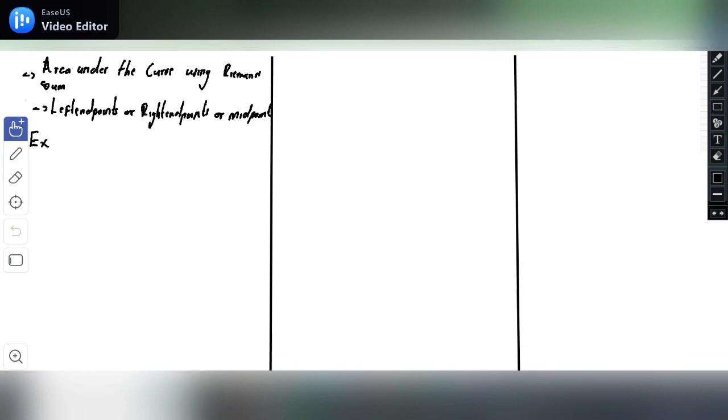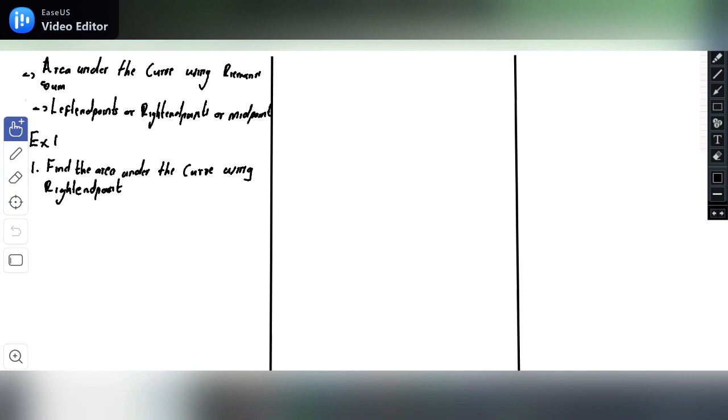So now let's say we're given an example. Example 1 says: find the area under the curve using the right hand point, right?